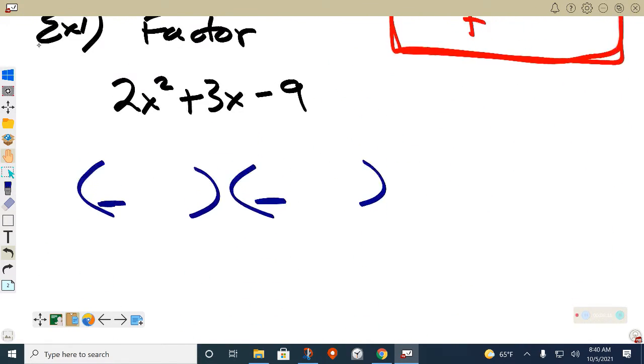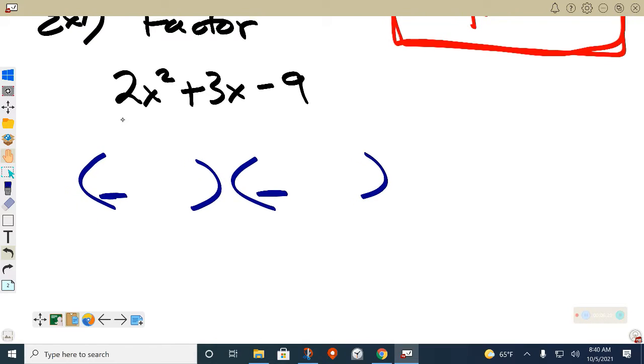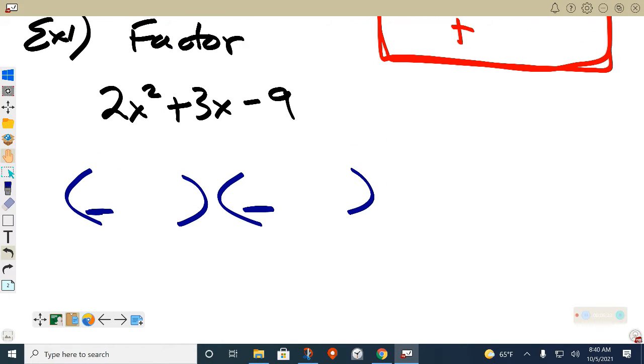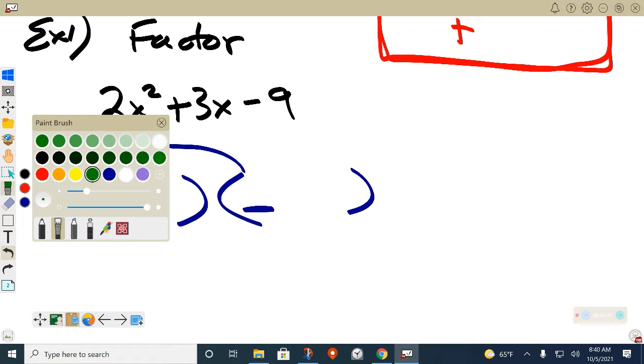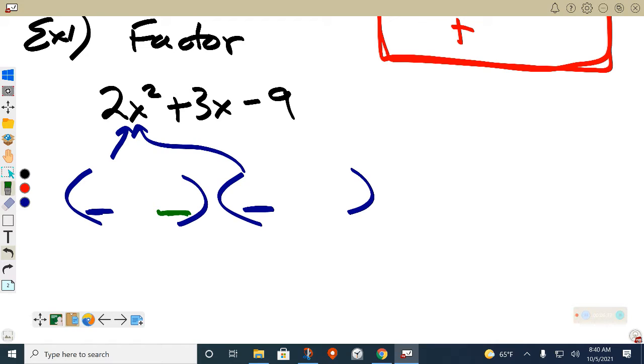So I know the blues are going to become 2x squared. We just have to figure out some factors of 2x squared. I know the greens, whatever goes here and here, are going to become the negative 9.